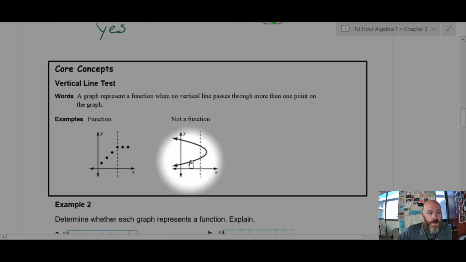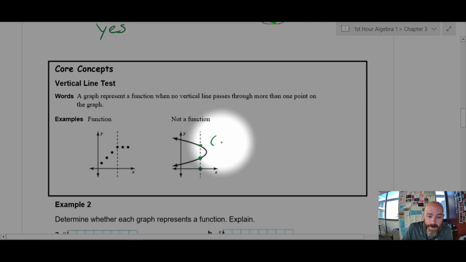All right, core concept here. Vertical line test. This is a graph that represents a function with no vertical lines passing through. So basically, if your x's are your inputs, and you look at a graph right here, this would be an x value of, let's say, like 3. Notice I have two ordered pairs here.